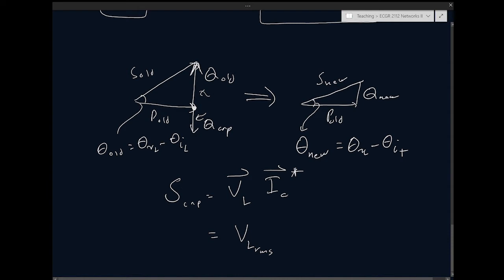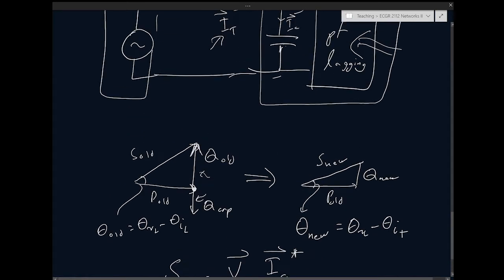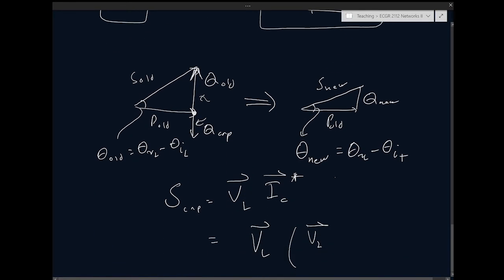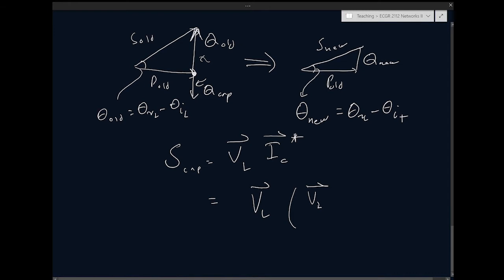Oh, sorry, I kind of jumped the gun a bit. So this is still VL phasor. I see the current going through the capacitor as a phasor. Using Ohm's law, it is just V on the line divided by the impedance.